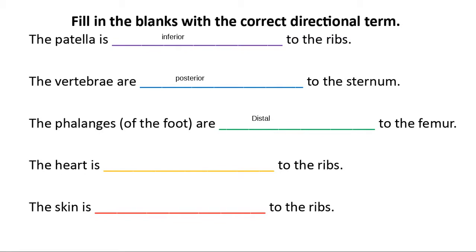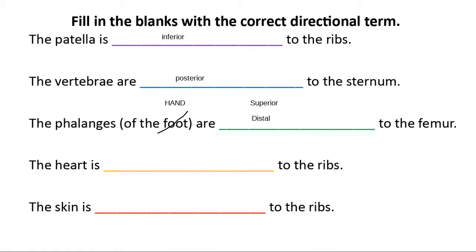Hey, check this out. I could say the phalanges of the hand, compared to the femur. What would be the most obvious comparison now if I changed that statement? Yeah, now my most obvious comparison is that the hand is above the femur, so the phalanges of the hand would be superior to the femur.